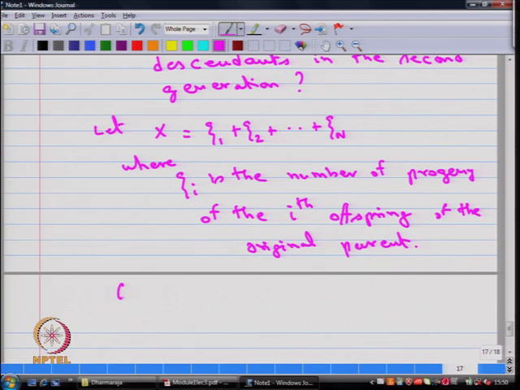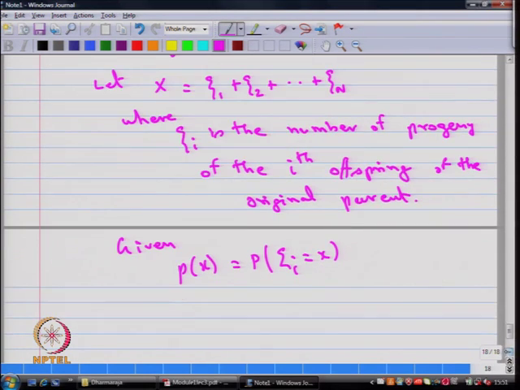Given the p of x is nothing but the probability mass function for the random variables psi i's, and also the expectation of psi i's is equal to mu, and the variance of psi i's is equal to sigma square. The psi i's are IID random variables.